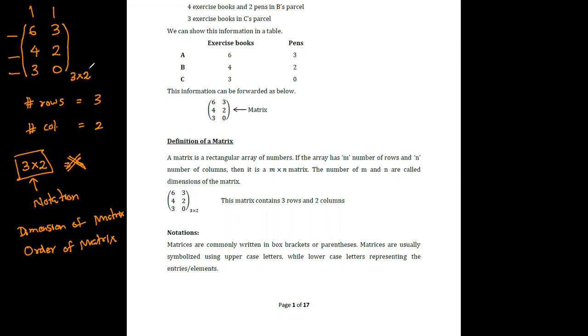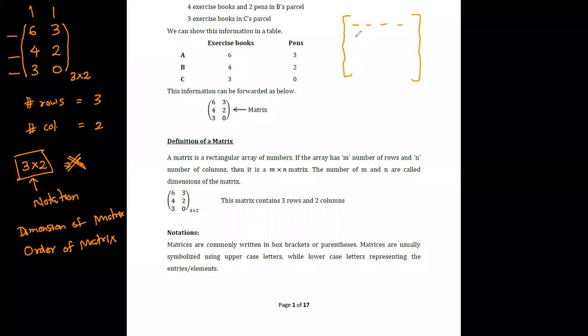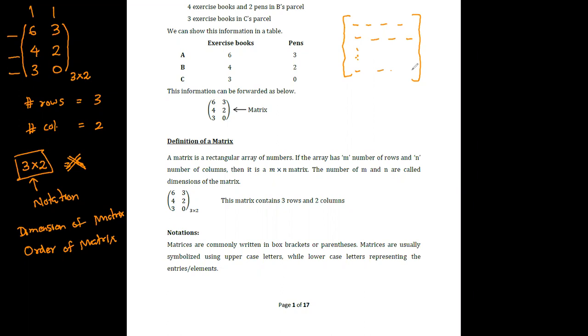Then if we extend this matrix into m number of rows and n number of columns, it is quite like this. Now think about a matrix in this form. Here you may have some values, and likewise you may have several values.